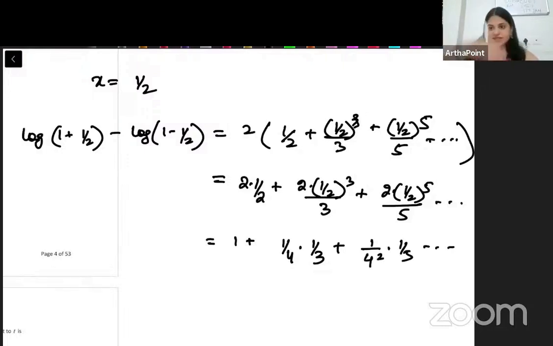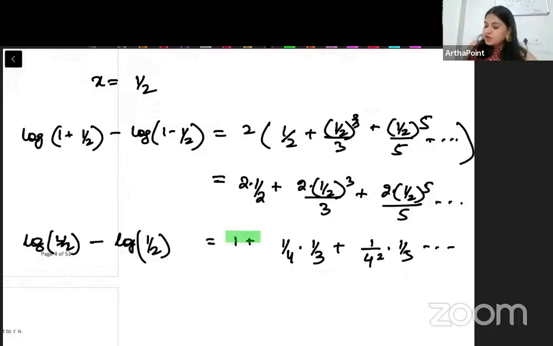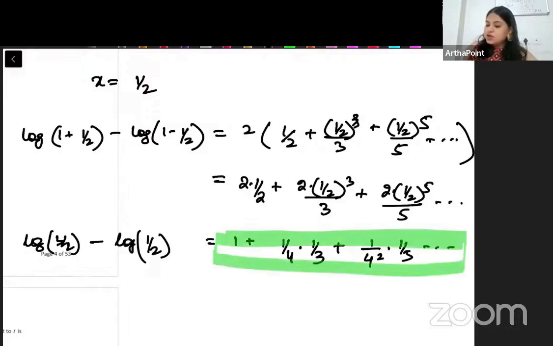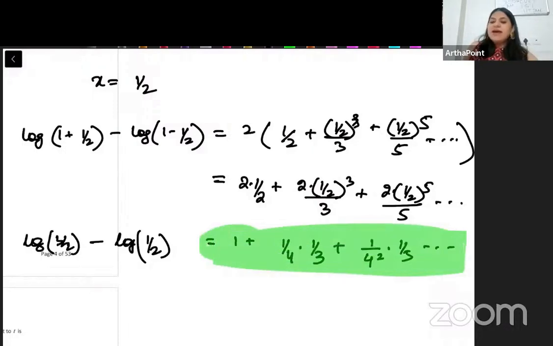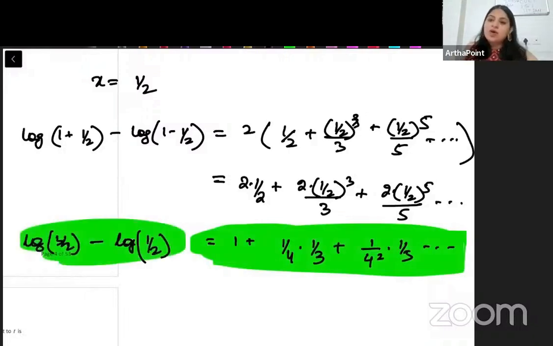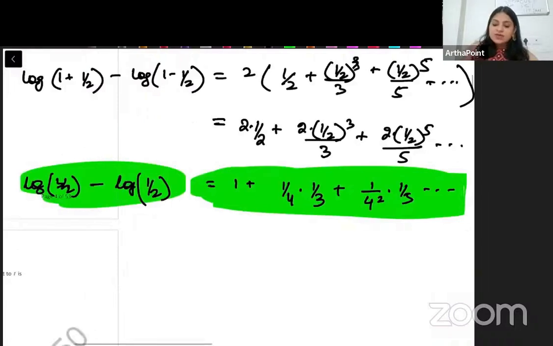And the left hand side will be log 3 by 2 minus log 1 by 2. So this entire expansion that you have on the right hand side has now been rewritten as just this, log 3 by 2 minus log half.